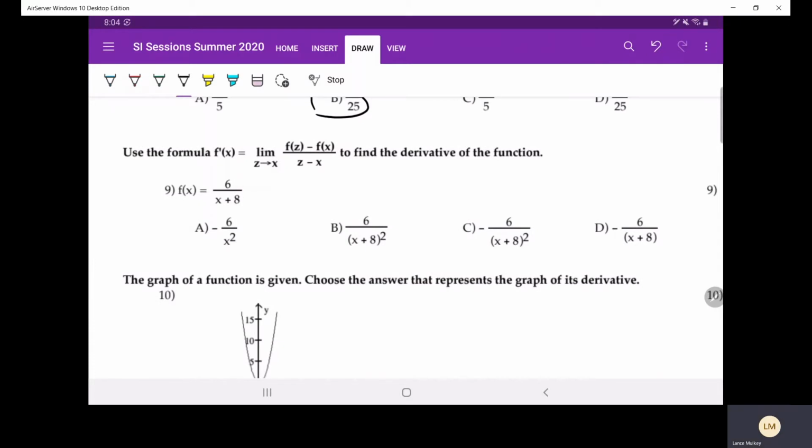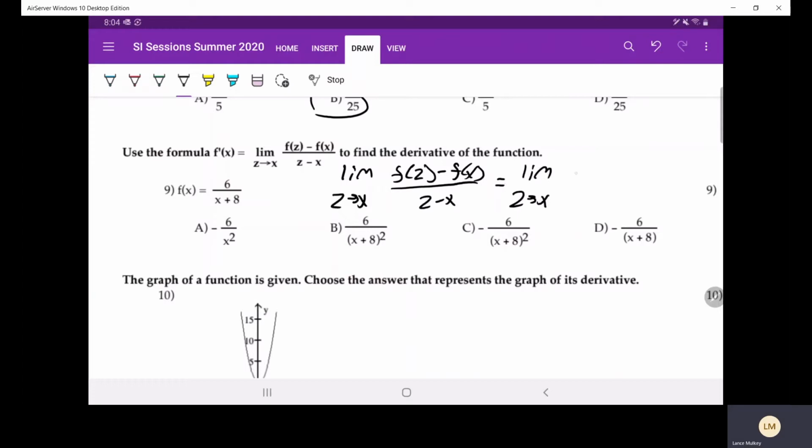So we use the limit as z approaches x of 6 over z plus 8 minus 6 over x plus 8, over z minus x.